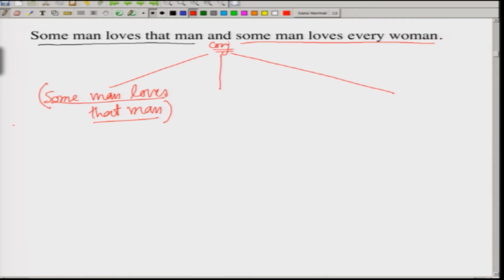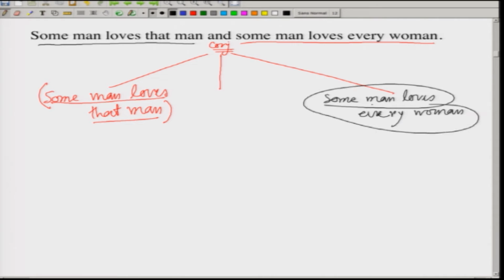This one bound thing, which is a statement, is on the one hand, and on the other hand you have this thing where you have some man loves every woman. So this is another statement, and here you have and.